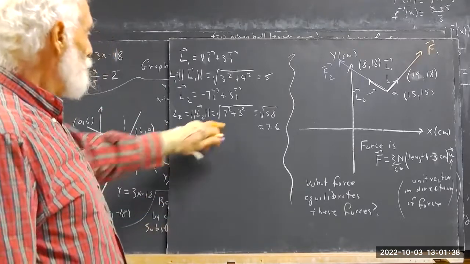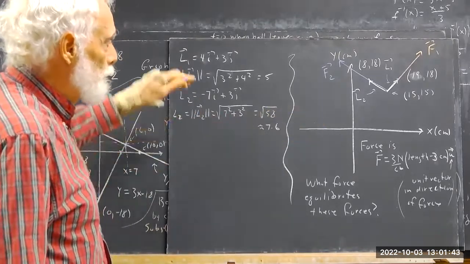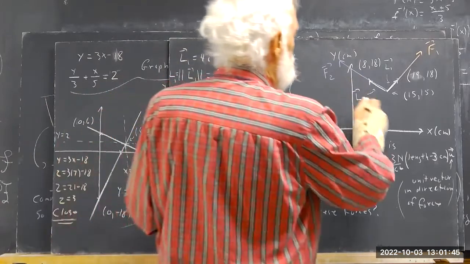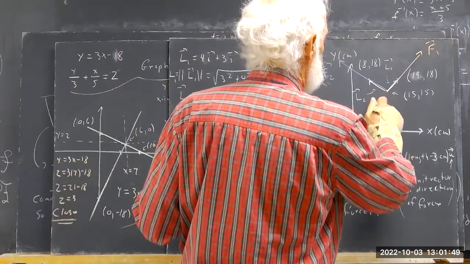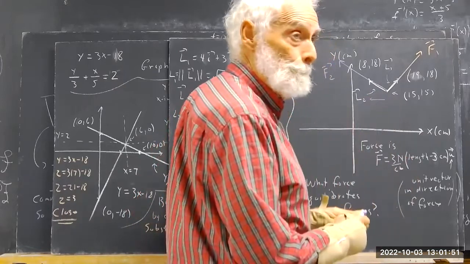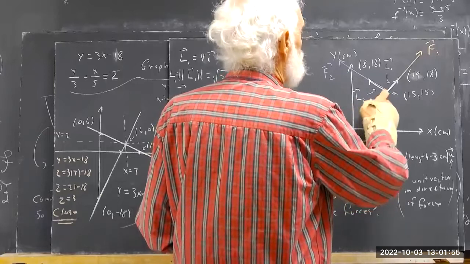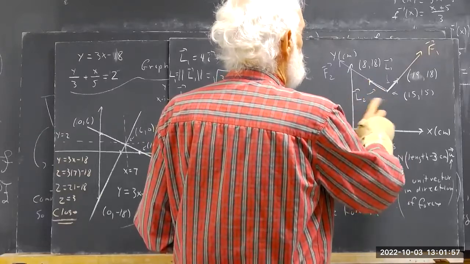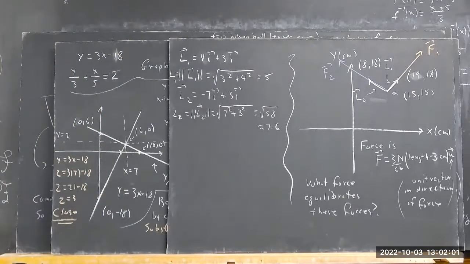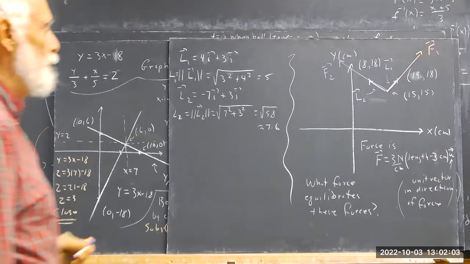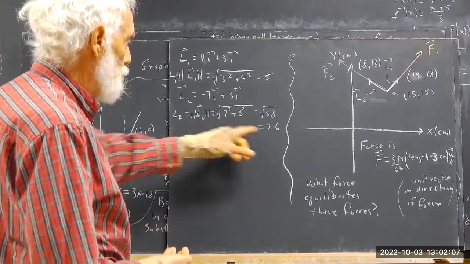It's a little over 7: 7 units in this direction, 3 units in this direction. This vector isn't much longer than a vector of length 7. The x component of that vector has magnitude 7. If you draw the triangle, the y component isn't that big, so it won't add all that much to the magnitude of the x component.